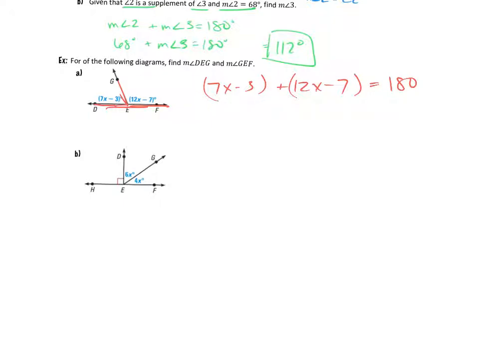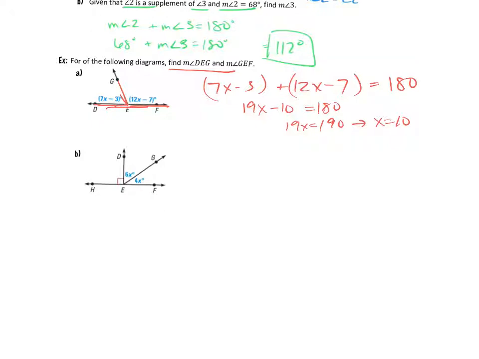I'm going to solve for x first before I find the measures of my two angles. 7 plus 12 is 19x, negative 3 minus 7 is negative 10, so that's 180 degrees. So 19x equals 190, or x equals 10.